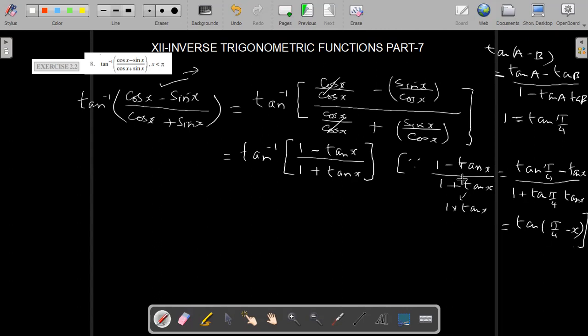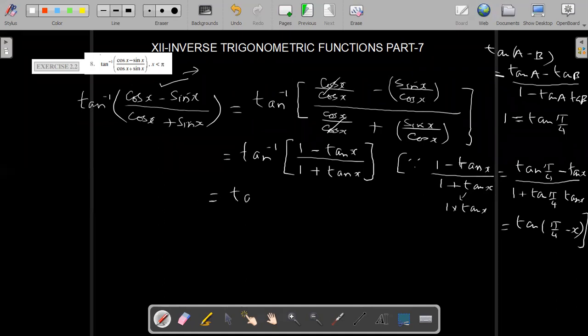Okay, got it? So this (1 minus tan x) upon (1 plus tan x), you can directly remember, can always be written as tan (pi by 4 minus x). This will be used in many questions frequently, so you should remember it.